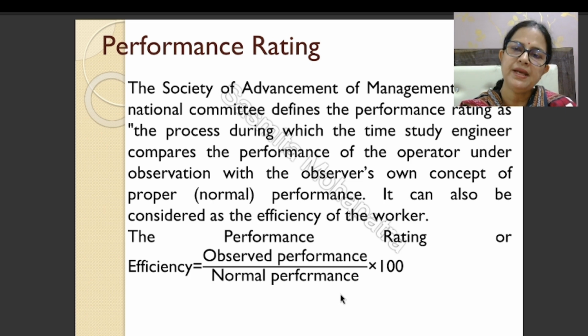In his mind, the observer will think what the normal performance should be, and what is the actual pace of the worker completing that work. So the observed performance of the worker is divided by the normal performance, multiplied by 100.